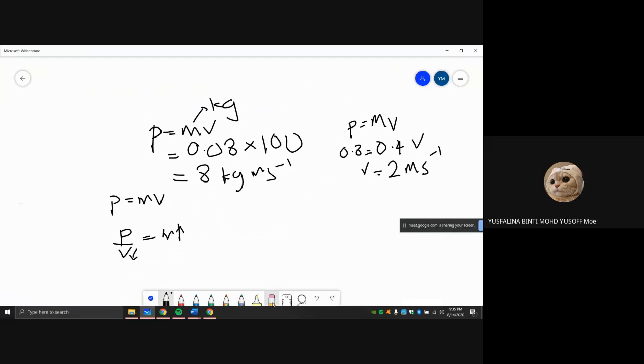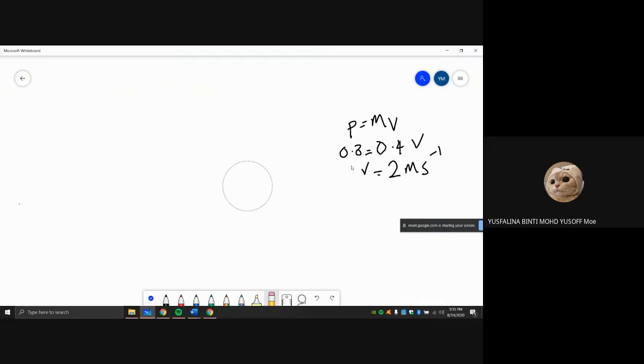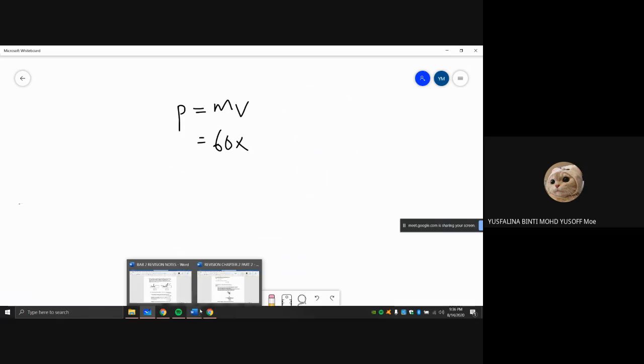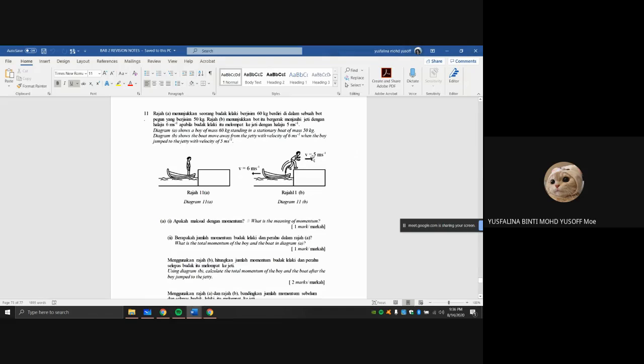For the boy, P is equal to mv. The mass of the boy is 60 kg. The velocity of the boy, you can see, is to the right.